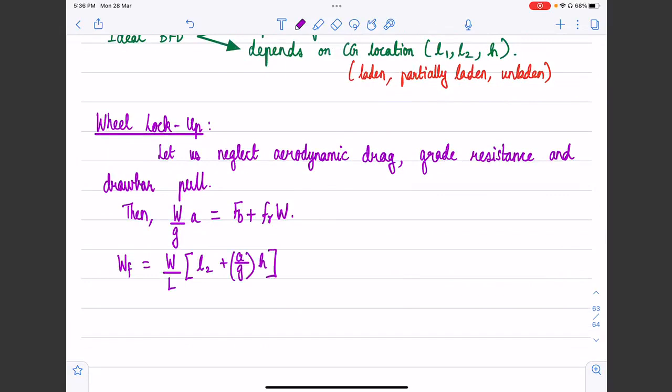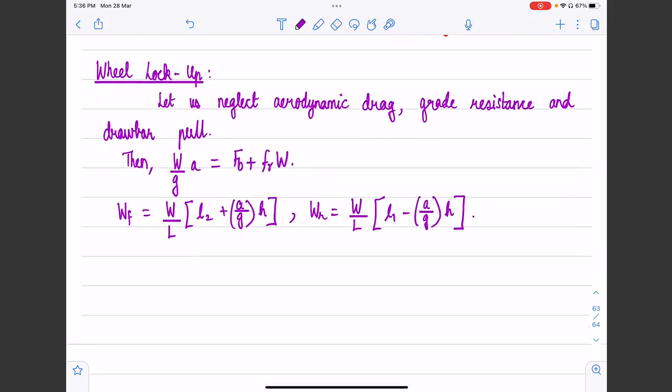Pretty straightforward, because it was Fb plus Frw times h. So Fb plus Frw is W by g times a, right? That's why we get this expression. Nothing very difficult. And Wr is going to be W by L times (L1 minus a by g times h). So these are the expressions for Wf and Wr.